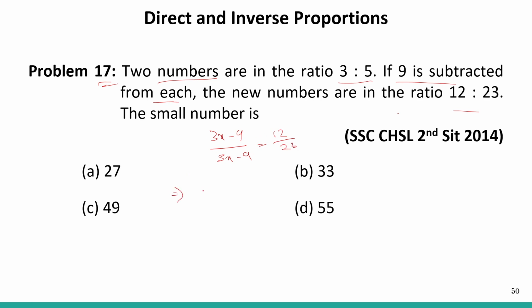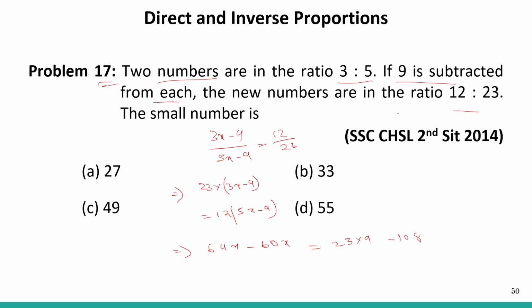So this implies that 23 into (3x minus 9) is equal to 12 into (5x minus 9). So 23 into 3 is 69x, minus 12 into 5 is 60x, is equal to 23 into 9 minus 12 into 9.